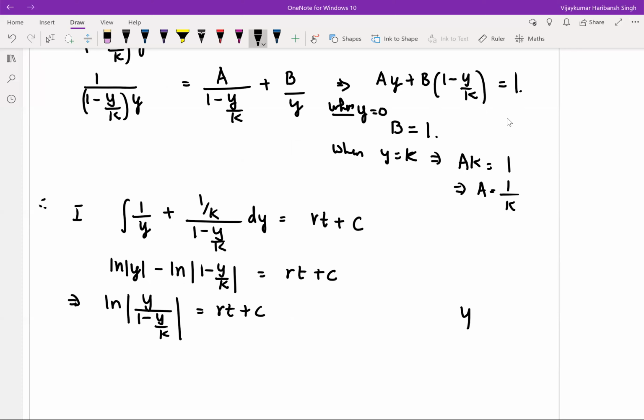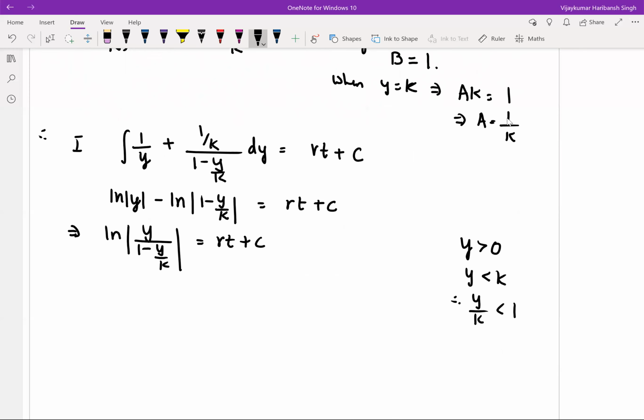Because we are discussing population growth, so y is greater than 0, and also y is less than or equal to k. This would mean y/k is less than or equal to 1. In fact, we'll take strictly less than because that is the maximum it can achieve. So y/k is less than 1, or 1 - y/k is greater than 0. So both of these numbers are greater than 0, and I can forget about the absolute value sign.